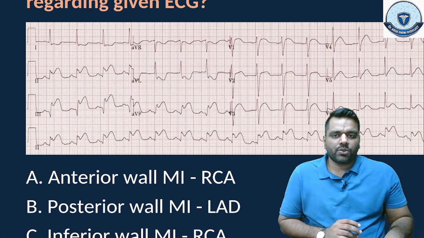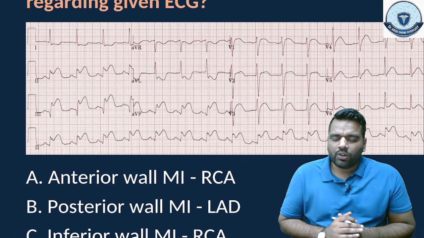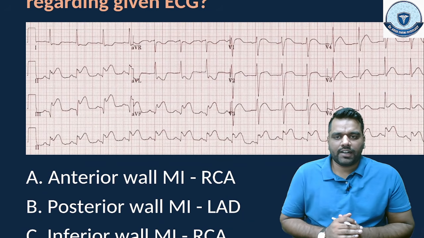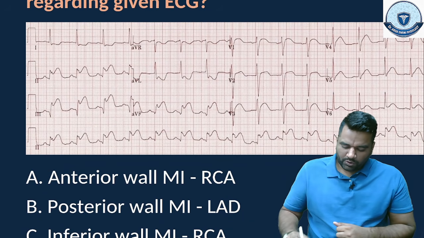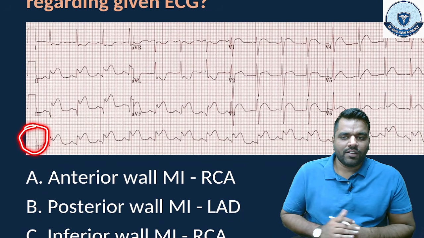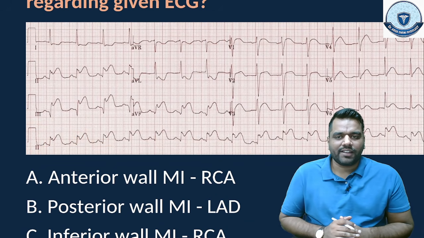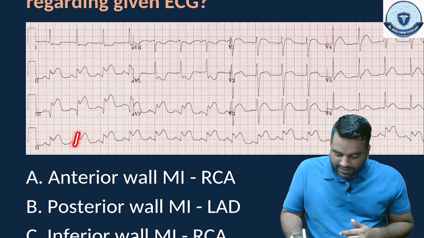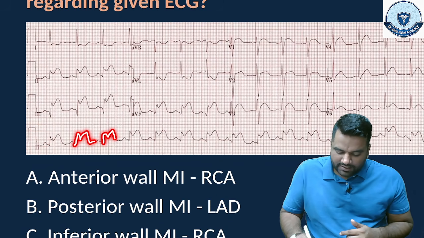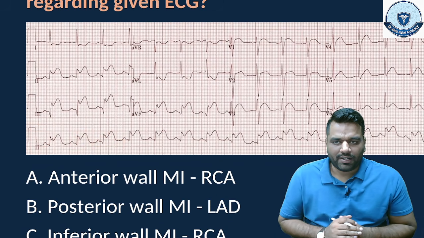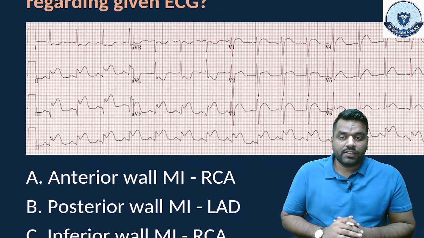So guys, I just told you that in the MI there is always ST elevation. So please identify where the ST elevation is. First check the rhythm strip. The rhythm strip is showing, yes, there is ST elevation. You can see over here. So this cat, the sitting cat, is actually the indication for the MI. Now in which leads can you see this cat?